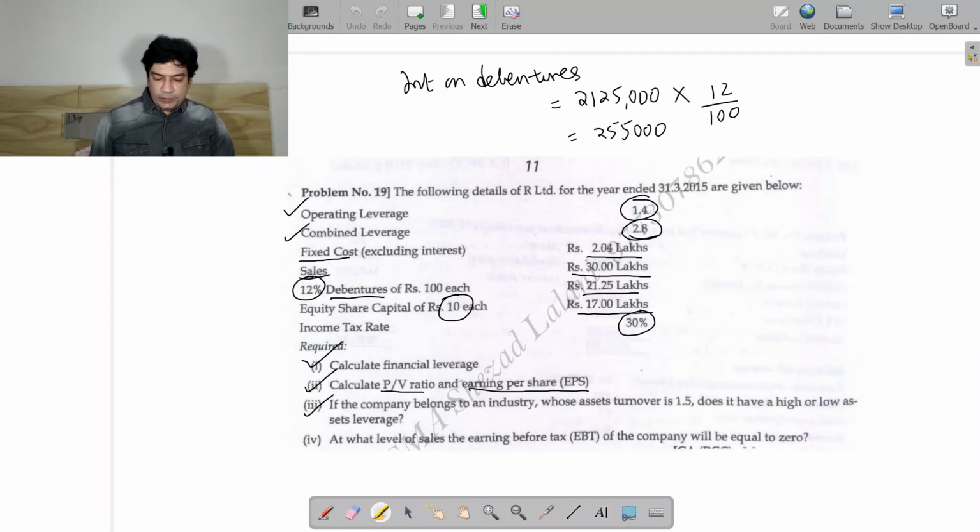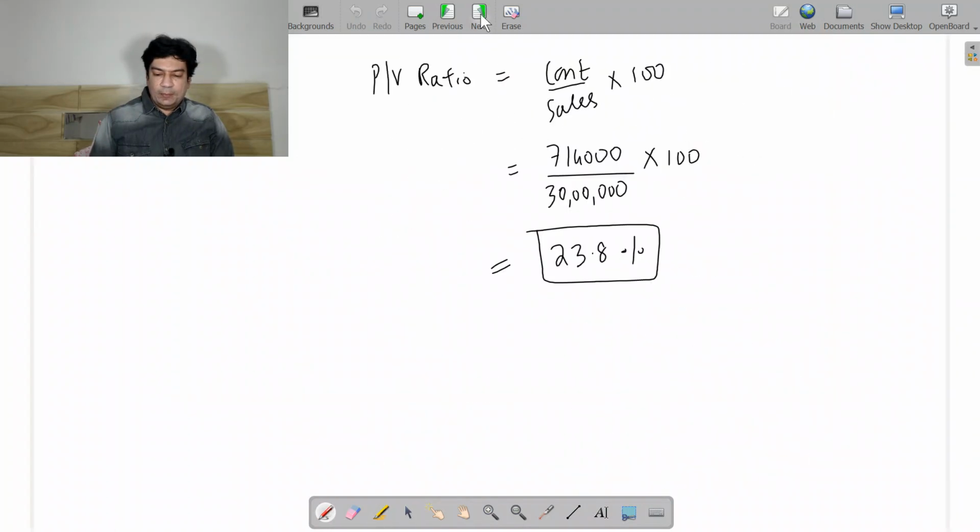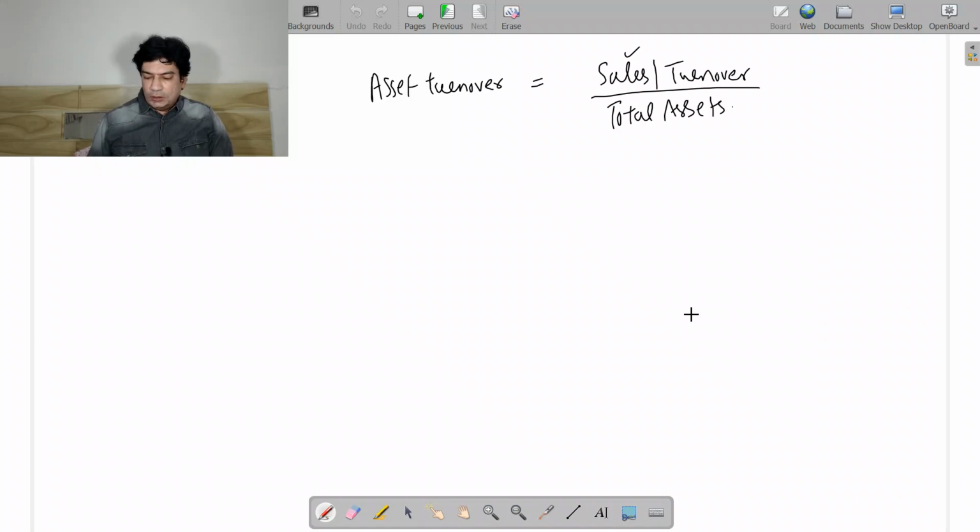So what we will do is, we have debentures and we have equity share capital. So we can go further from the liability side approach. Your total assets will be equal to your equity plus the debt component.